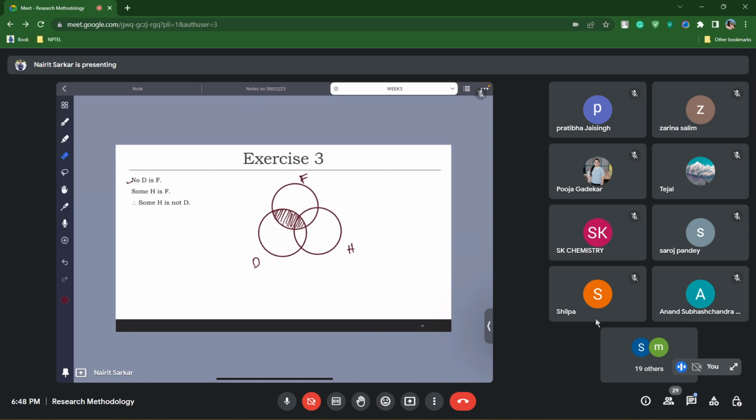Then some H is F. Where should I put the X? 1, 2, 3? In one, X and 2.